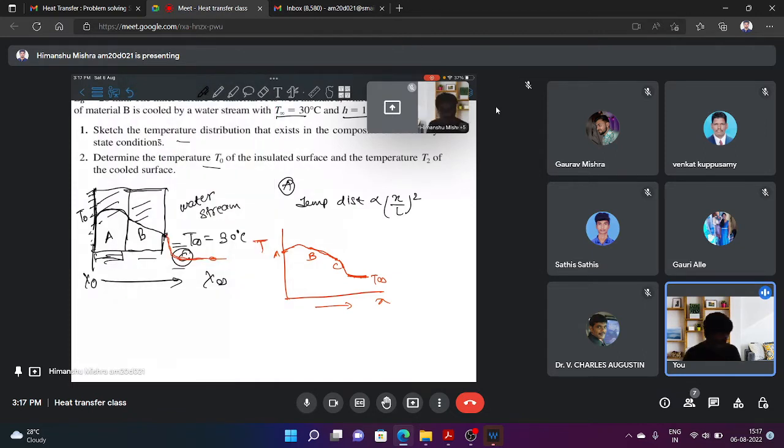Now the second part of the problem says to determine this temperature T naught at A. So we need to determine the temperature T naught here.